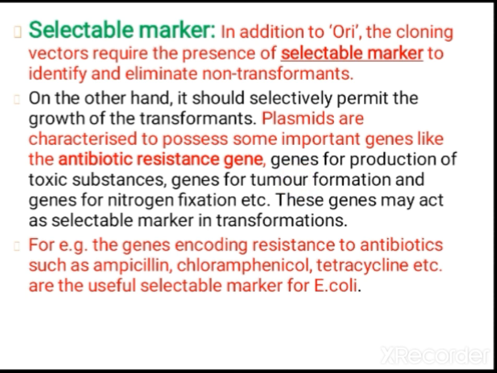Mainly we are using ampicillin, chloramphenicol, tetracycline resistance as markers. We attach this antibiotic resistance gene along with the desired gene. Then easily we can identify the transformants from non-transformants, and we can segregate the transformants. So by this method, using the selectable marker.